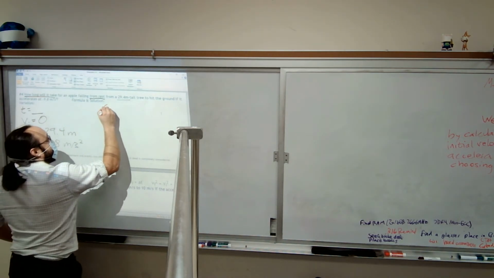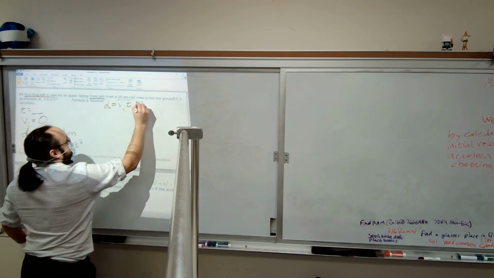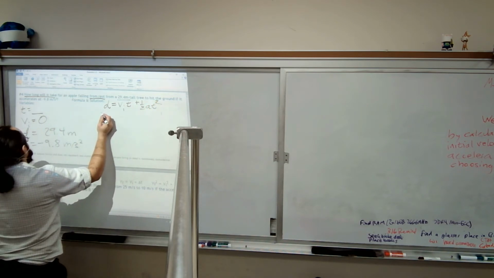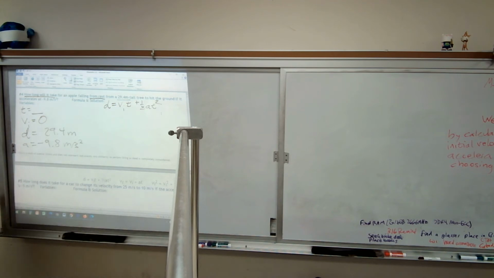Alright, so always write your formula out with just the variables. If you try to plug it straight in, you're going to mess it up. Okay, now, one thing here that I've got to fix up before I start doing this is, I said we're going to fix this distance up. Because this acceleration is negative, that tells us the thing is falling in the down direction.